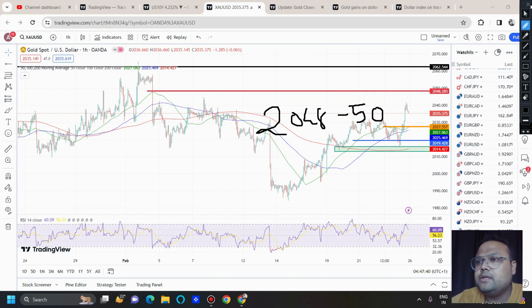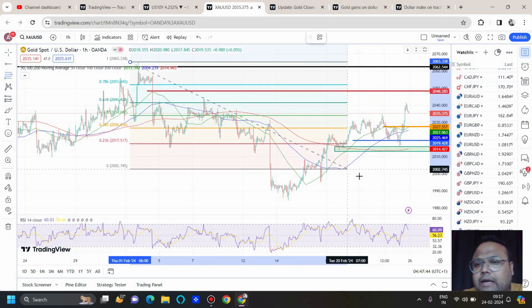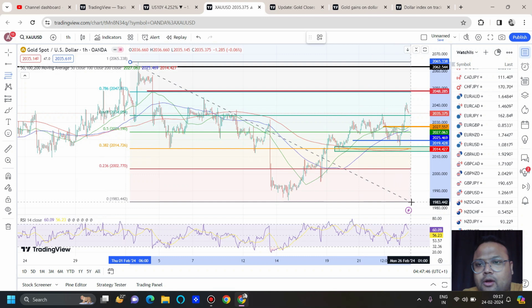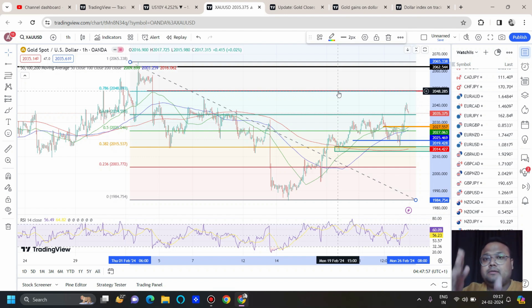Because we have been using Fibonacci here, and the Fibo is doing a very clean and neat job. All the levels of Fibo have given us good profit, and the next Fibo level is around 2048, and 2050 is a round number. So if we combine the Fibo 78.6 along with the round number 2050, then we can expect that as a day trader we can have some reversal.